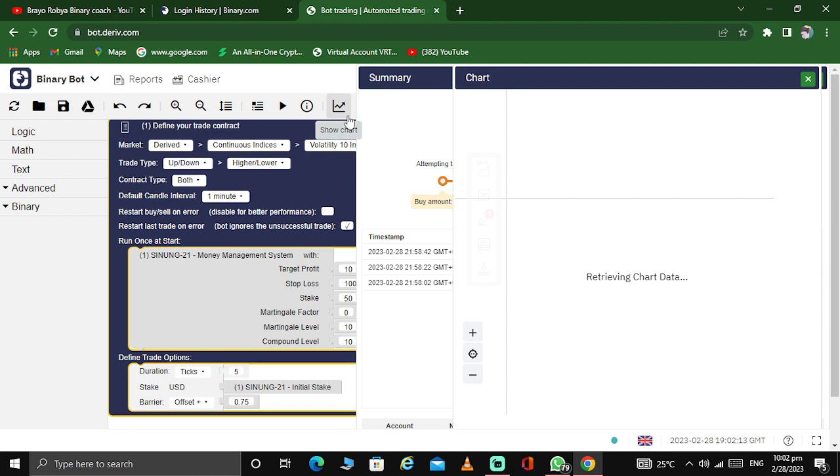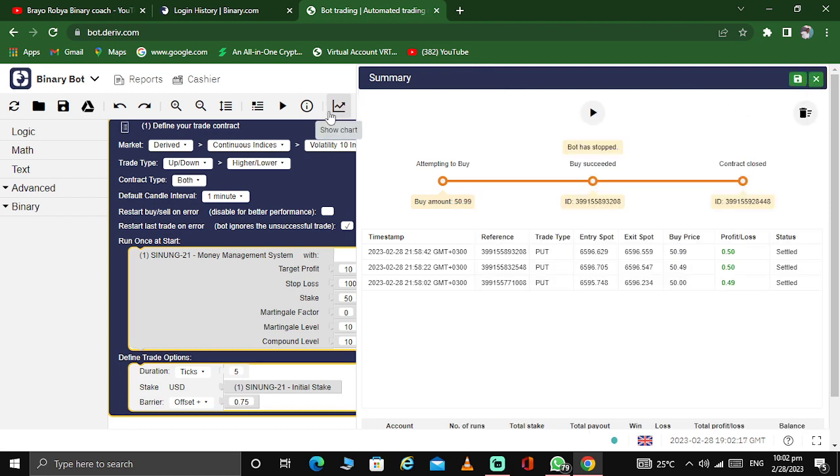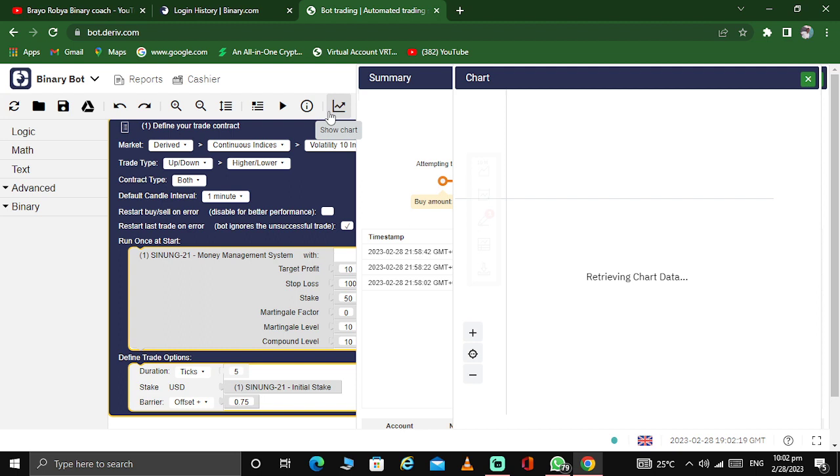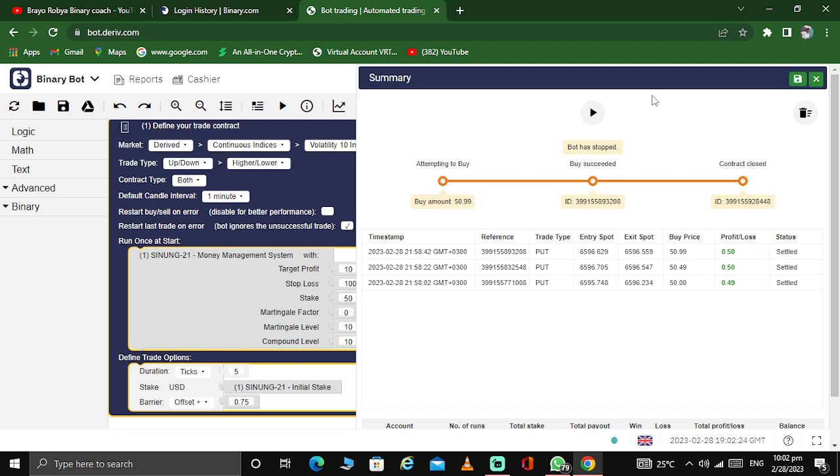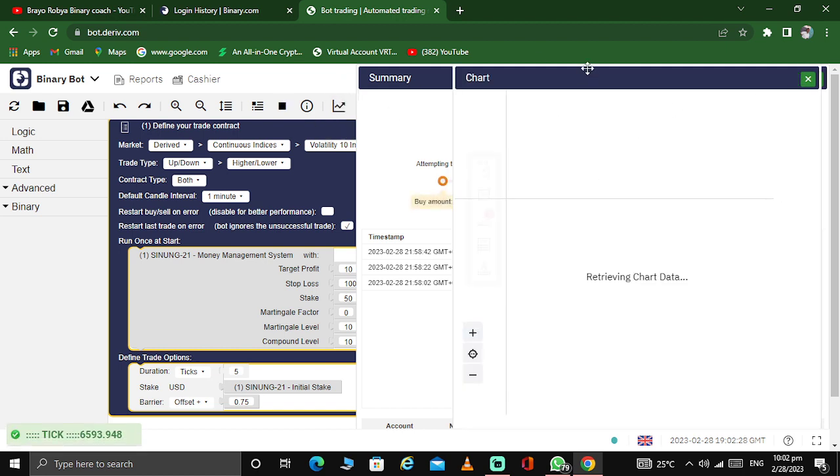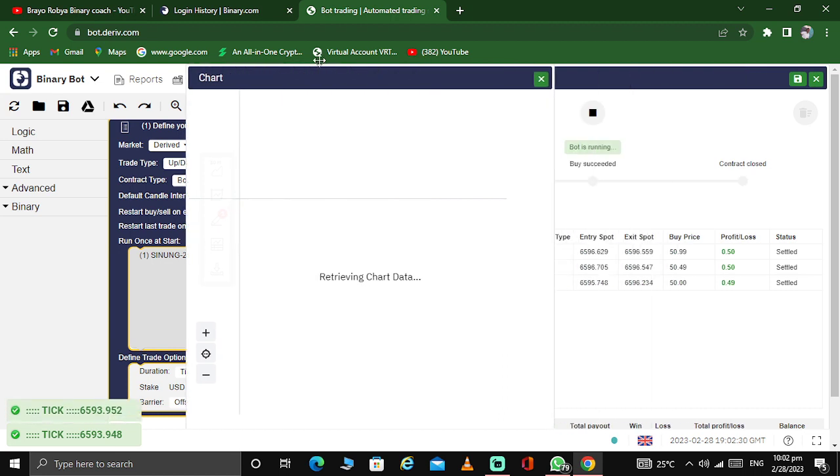Just open it again. I don't know why it has stopped. Yeah, I can just run the bot as it tries to retrieve the data.